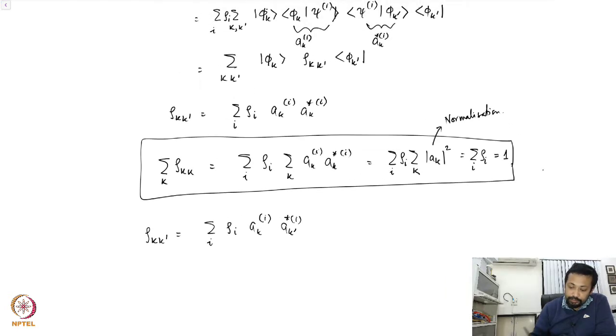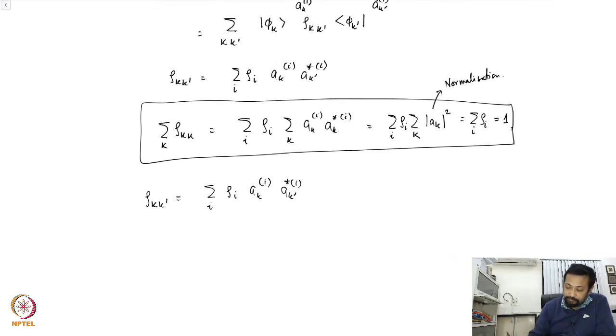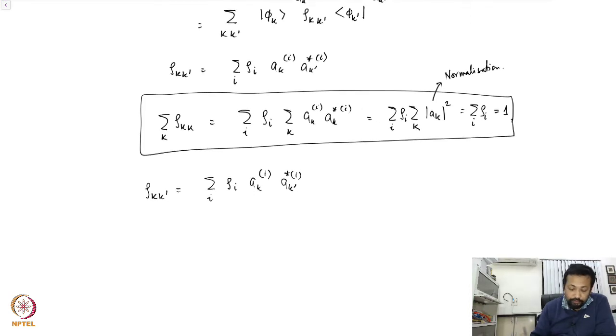Let's see. This is k prime, this is k prime. Please, I do make such silly mistakes, but you have to be careful with these things, right? So rho k k prime star then becomes the sum over I of rho I a k star I a k prime of I.